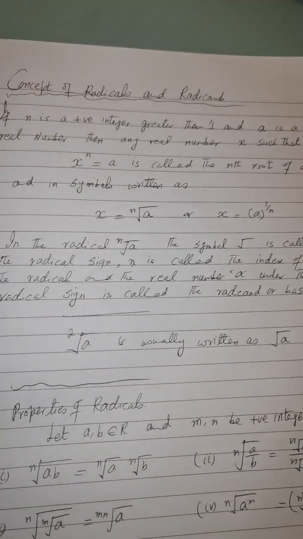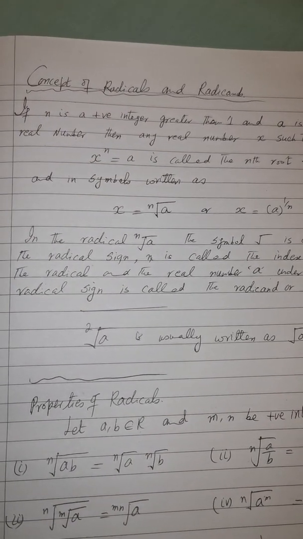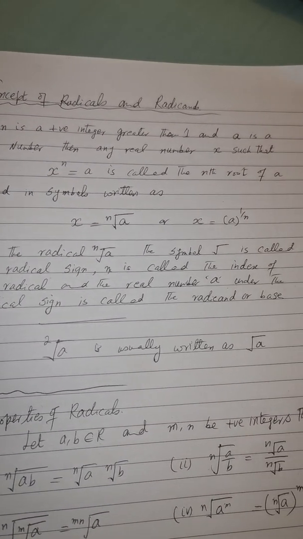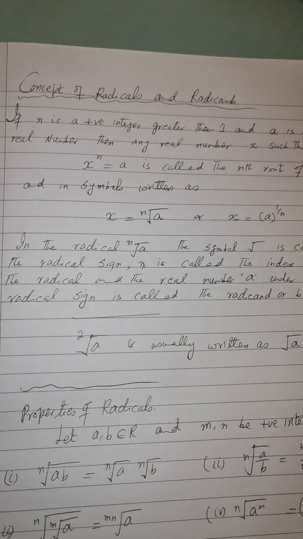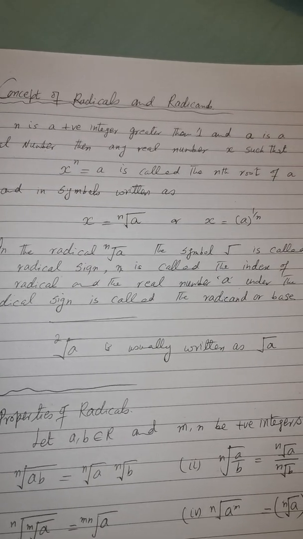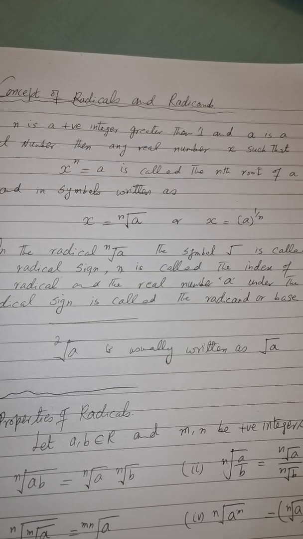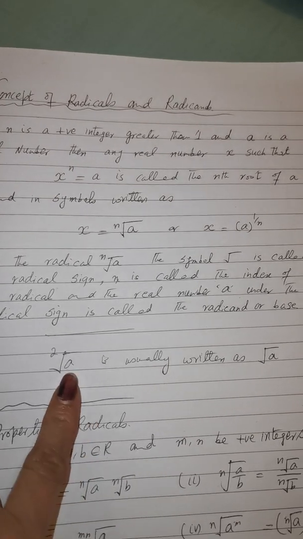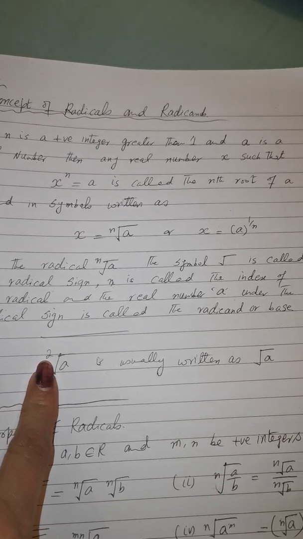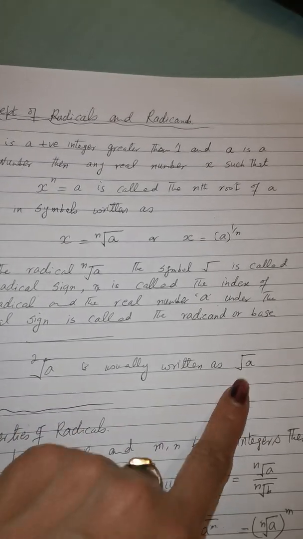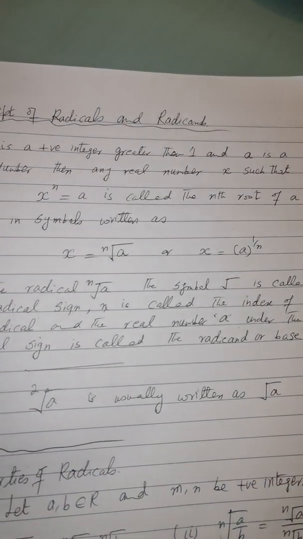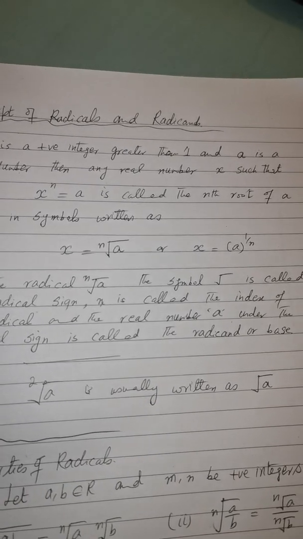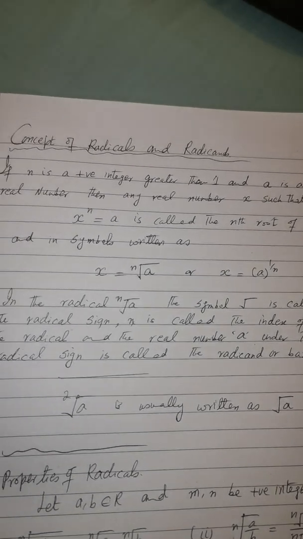N is called the index of the radical, and the real number a under the radical sign is called the radicand or base. Keep in mind that if we have a square root, 2 is usually not written, we just write a under root. There is no need to write 2.